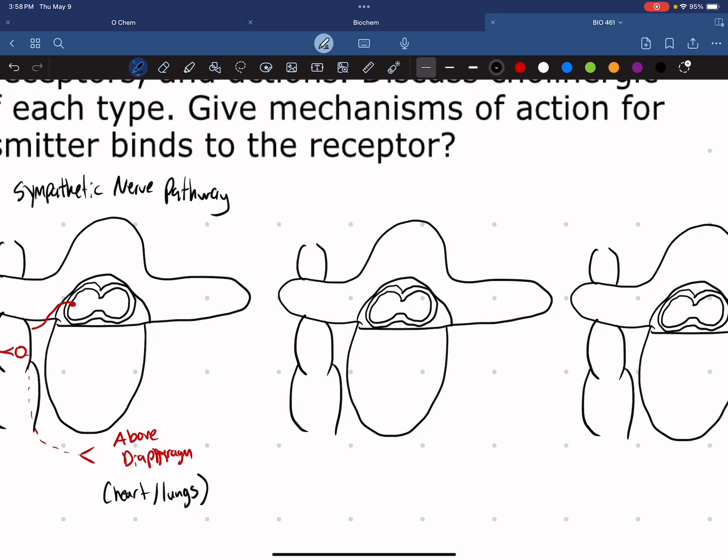Next, this neuron begins here, goes to the sympathetic chain ganglia, but surpasses this ganglia without synapsing and comes down here to what is called a collateral ganglia.